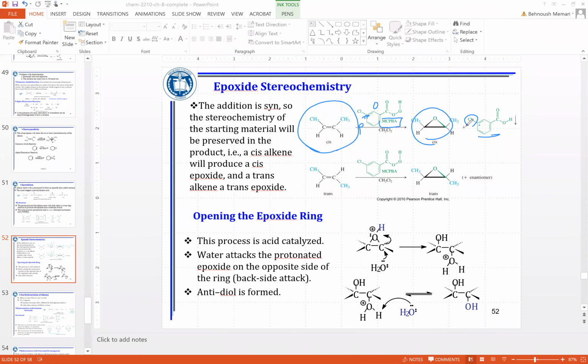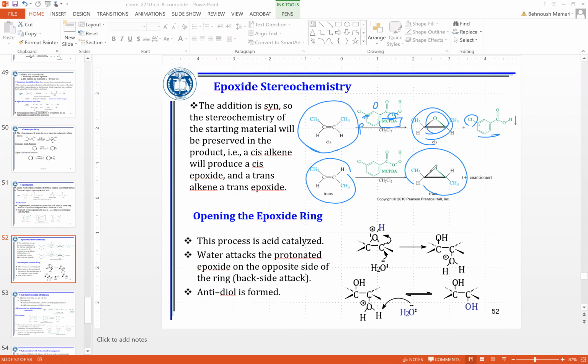The only change we see here is the oxygen from the peroxy part is removed, and it adds as a triangle to the carbon-carbon double bond, and it gives you epoxide. If you start with the trans alkene, you end up with trans epoxide.